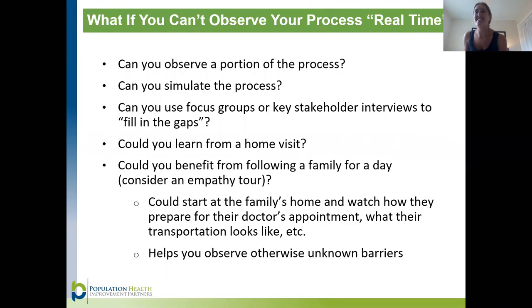And they didn't realize they had to take 3 buses, and they were only allowed to have 2 bags per person on the bus on the way home. They had talked to the family about these things beforehand, but it wasn't something that came up in conversation, because I think to this family that was normal, right? So it's not something that they thought they necessarily needed to share. So there's just so much value in being able to see and meet our families in their own environment and see what that looks like.